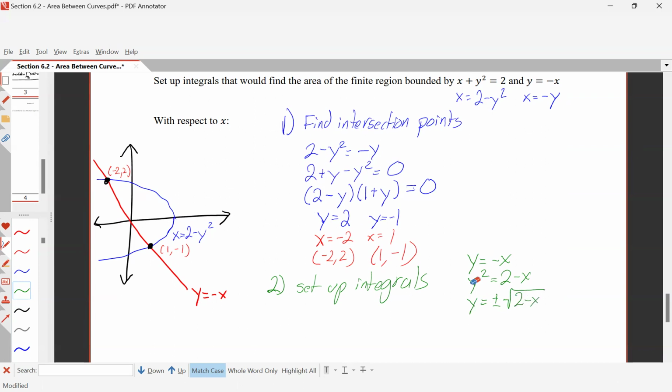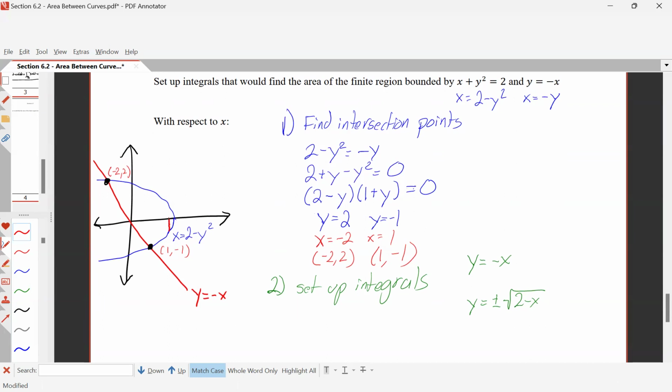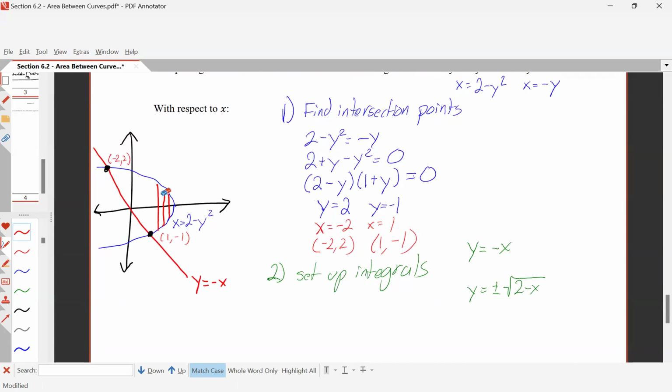So we actually have two functions in terms of x defining our blue curve. And we need both of those, because over here, the upper function is the positive square root of 2 minus x, and the bottom is the negative square root of 2 minus x. So when we set up our integral, we're going to need both of those.